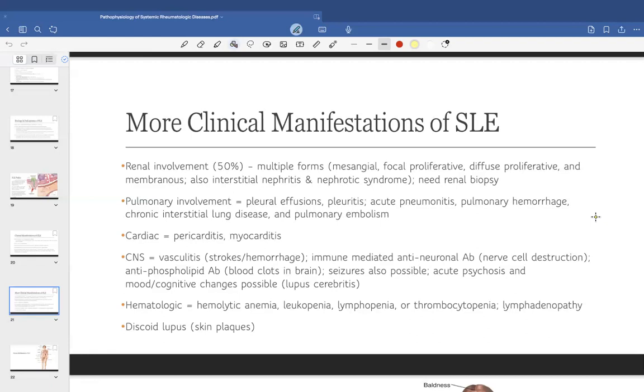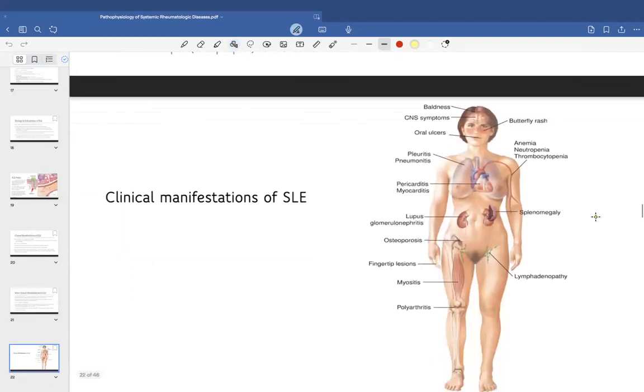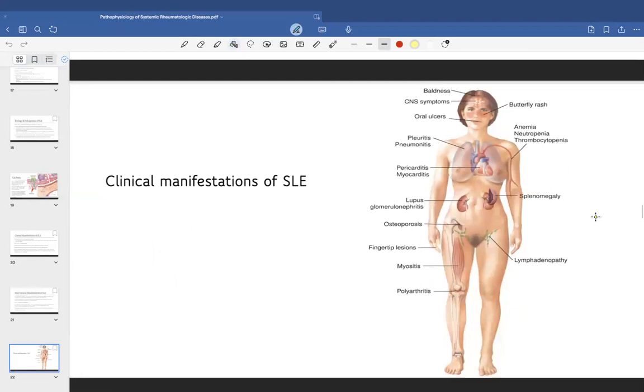Leukopenia, lymphopenia, thrombocytopenia, the whole nine yards. And then there's a specific discoid lupus that has skin plaques, a little bit different than your psoriasis. However, you will see very well demarcated lesions. Again, pictorially, this is where you're going to find signs and symptoms of lupus.